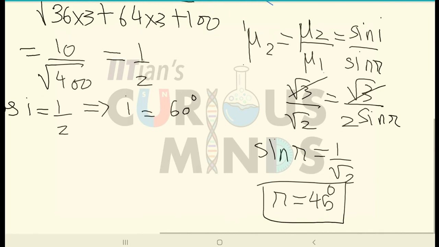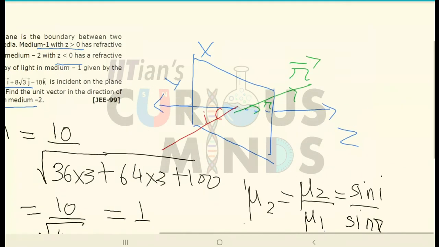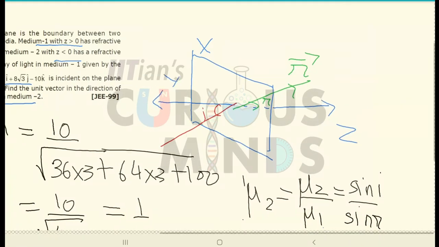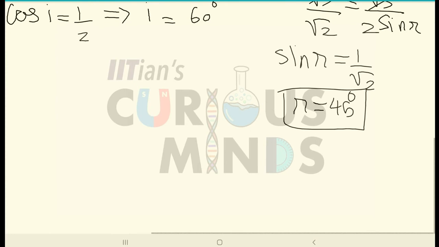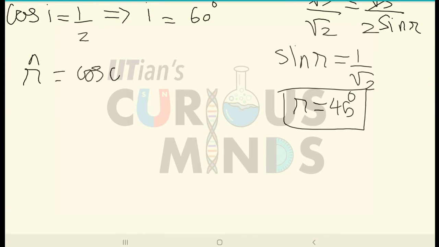Now r is the angle made with the z axis. If the refracted ray is given by r vector, we have to find the unit vector along that direction. So the r unit vector will be cos theta x i cap plus cos theta y j cap plus cos theta z k cap. Here theta x is the angle made with the x axis, theta y with the y axis, and theta z with the z axis by the refracted ray.